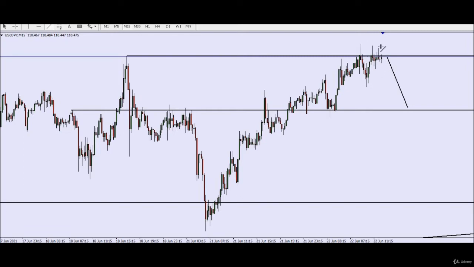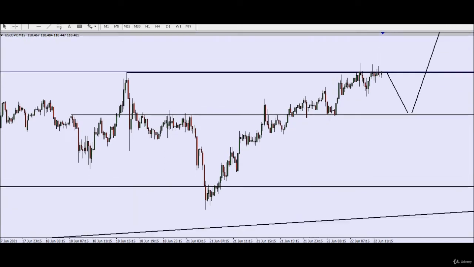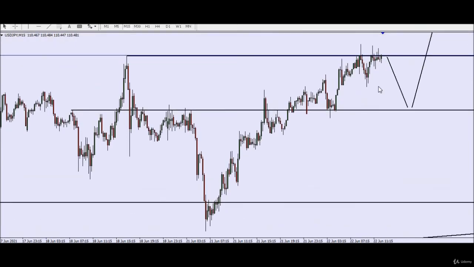It's probable because of this wick, but then I would expect that the price will go higher, because we are in an uptrend, and on this small time frame, here was another big move, so another zone. This time it's a demand zone, but we can remove it.